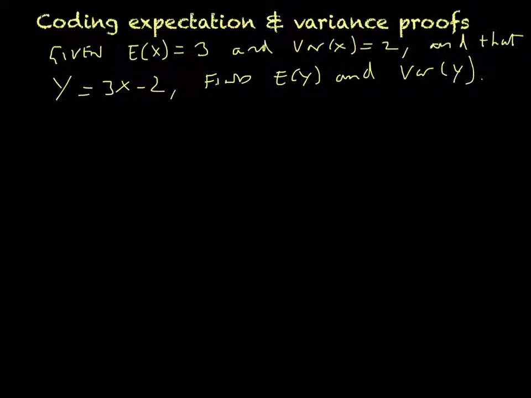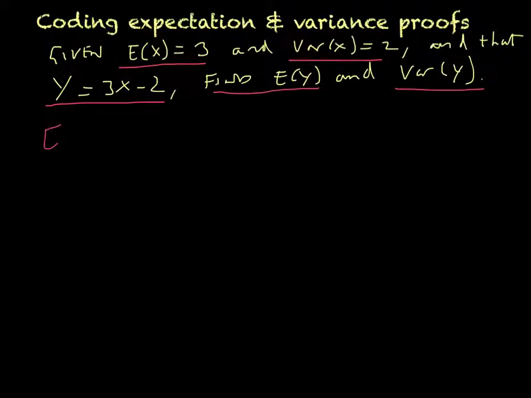So, just one quick example then. What we have here is that given that E of x is 3 and Var of x is 2, and that we've coded it now with this value y, so all the data has been times by 3, and then 2 has been subtracted from it. We want to find E of y and Var of y. Okay, so let's do that then, using what we know, because we've already built up our proofs.